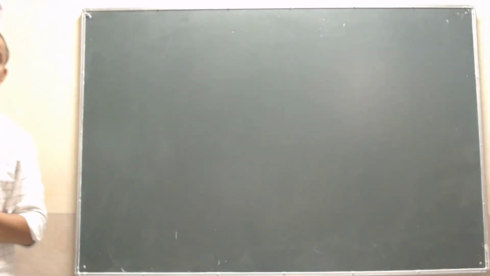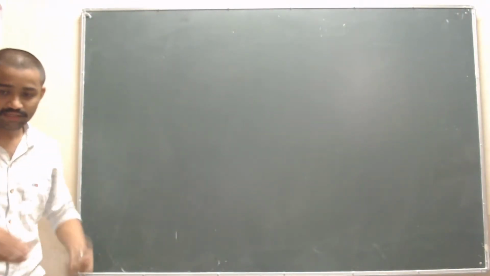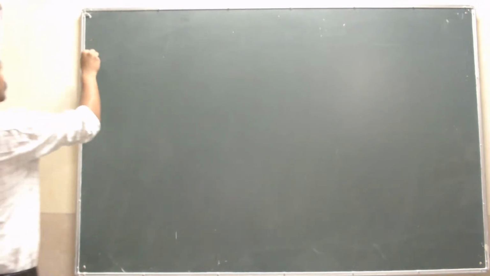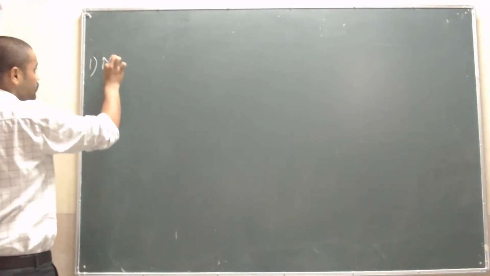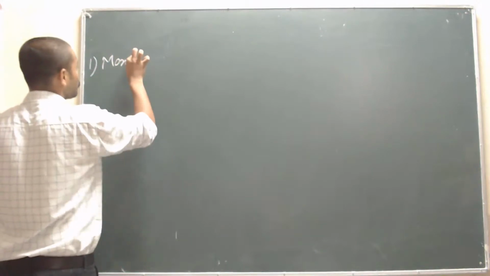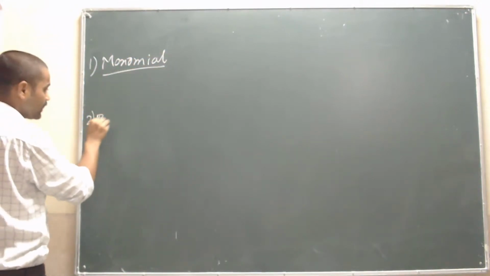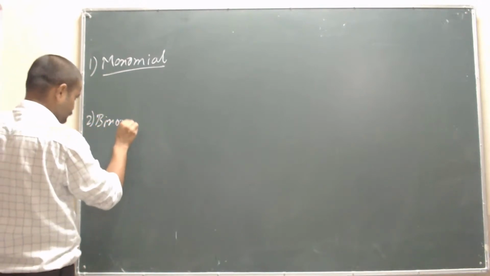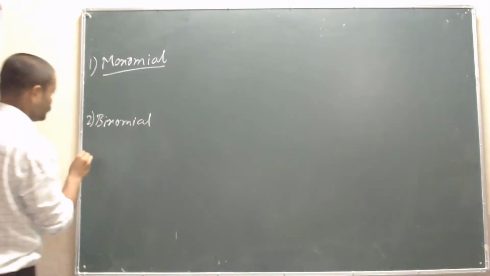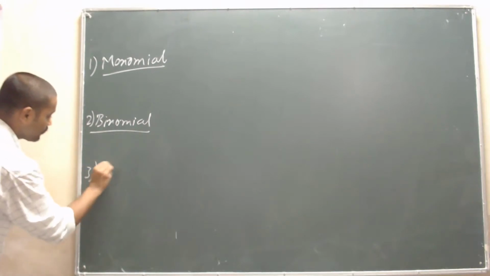And I will explain some important terms. I will write it here. You already know about monomials. Second one, binomial. Third one, trinomial.